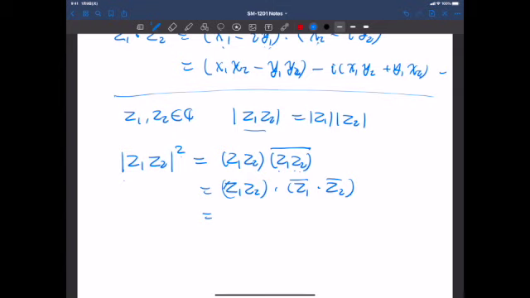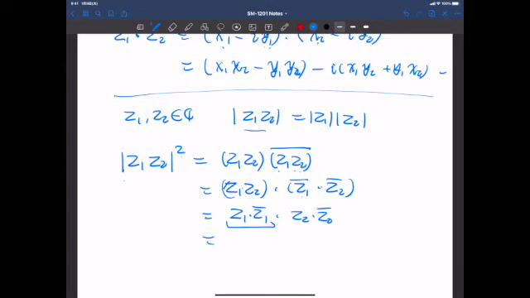But we know that the complex numbers form a field, so the products here are commutative. So we can change the order of the product, so it becomes z1 times z1 bar times z2 times z2 bar.